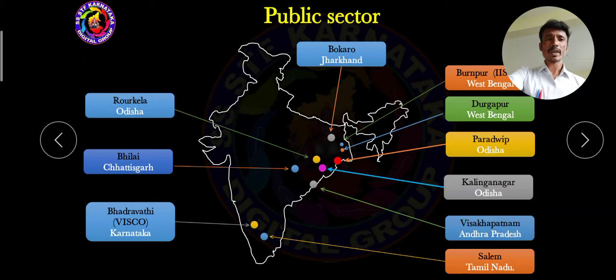Based on these, there are 3 more questions. List out the 4 private sector iron and steel industries; we have to write all 4. And list out the public sector iron and steel industries in India; there are 10, and we have to write them one by one.